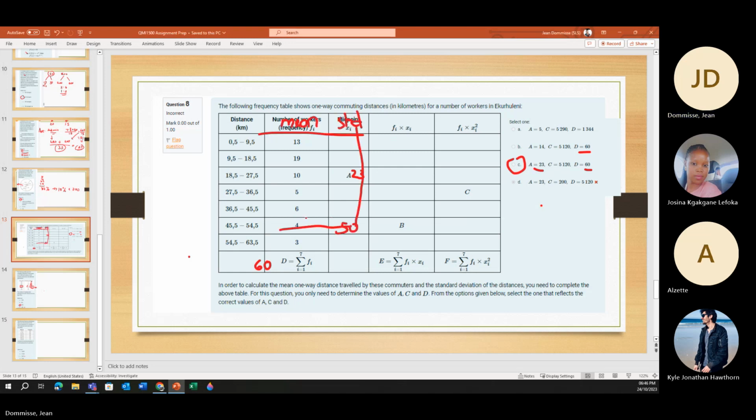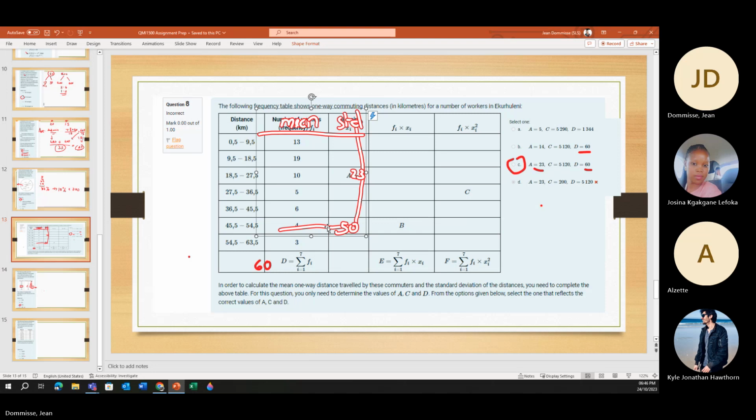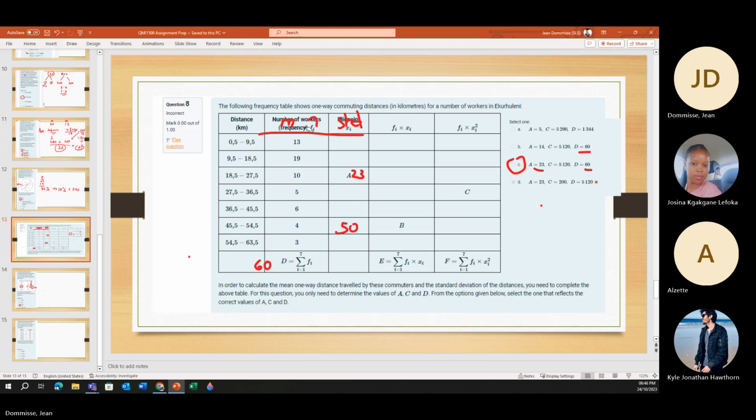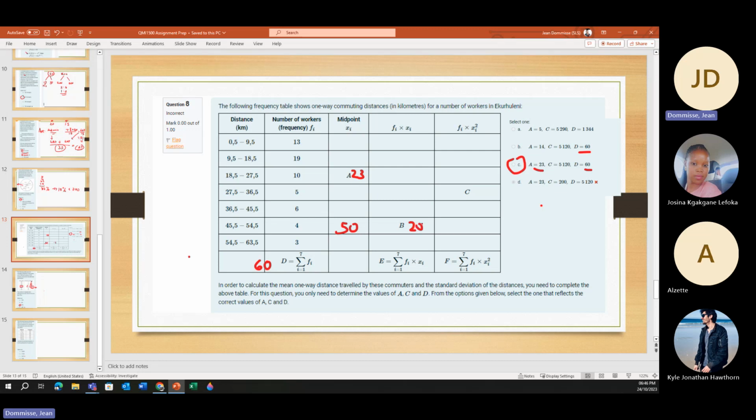So it's strange that it now brings out the stuff below. Okay. So 4 times 50 will be 200. So B is 200.